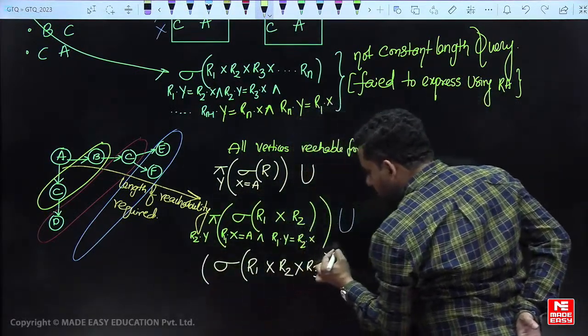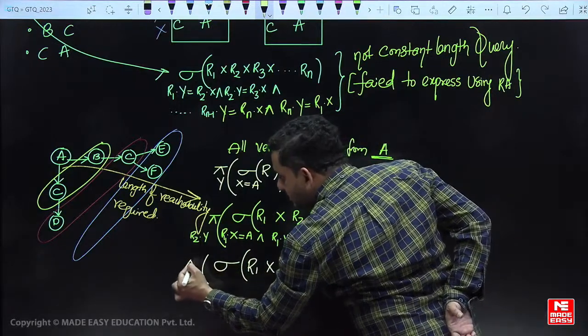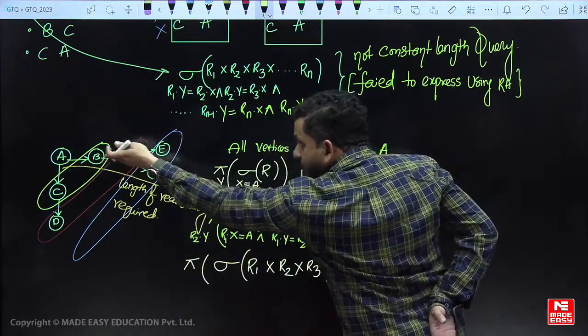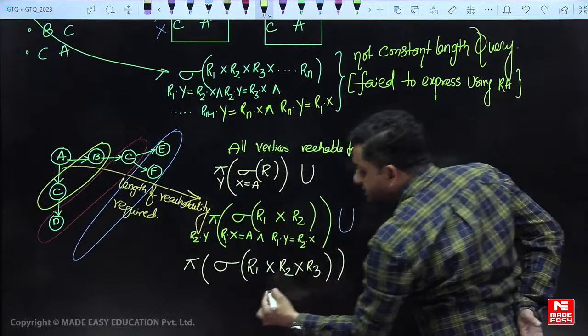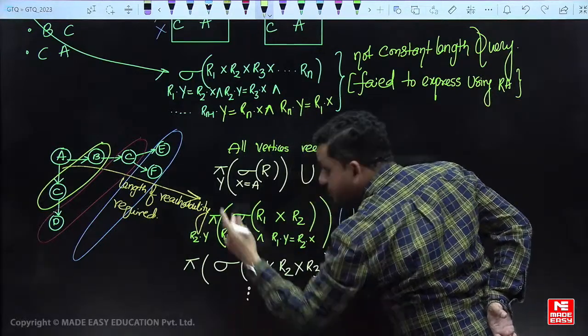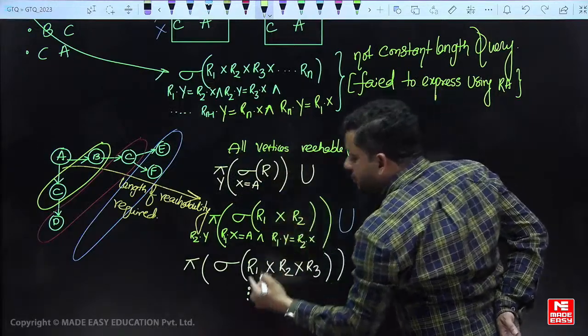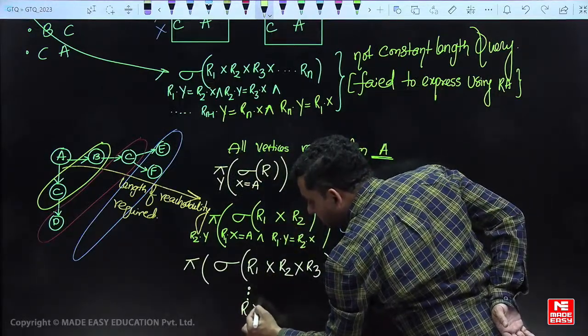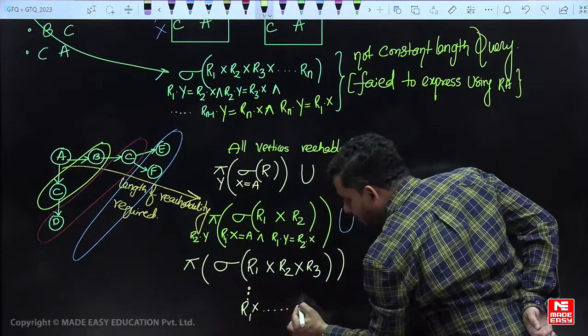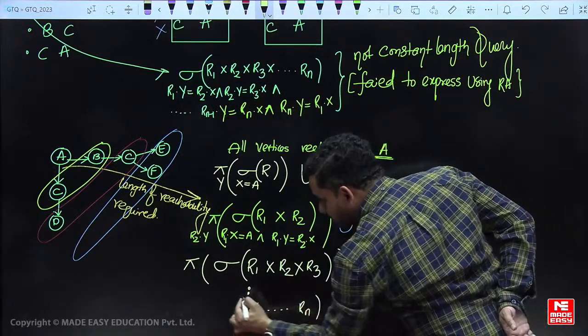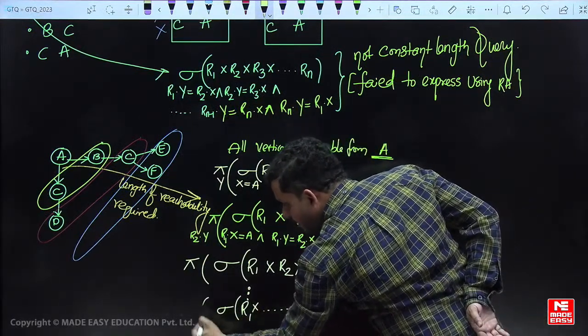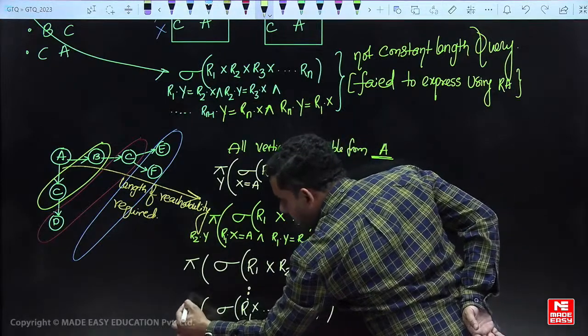So like this, if n edges are involved for the reachability, then you have to cross product n tables, write the proper conditions and project the last record y value.